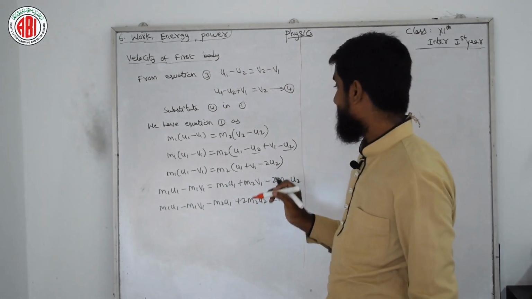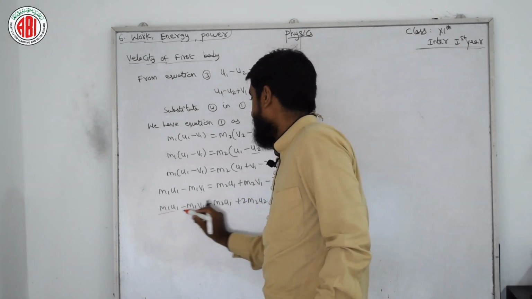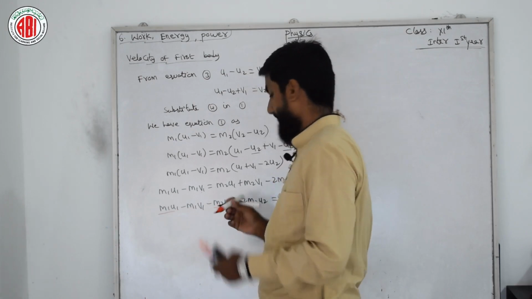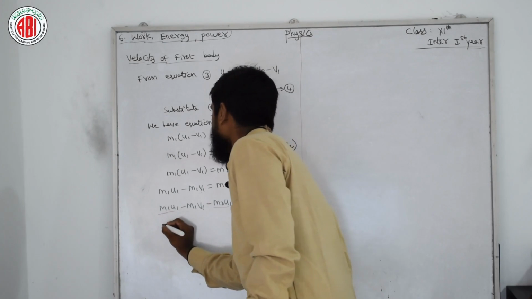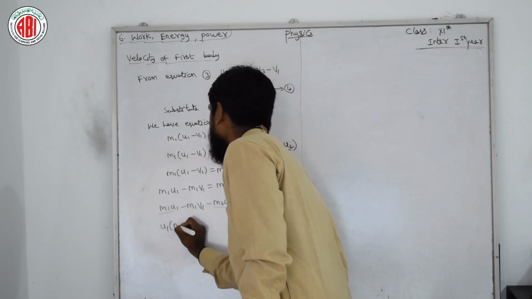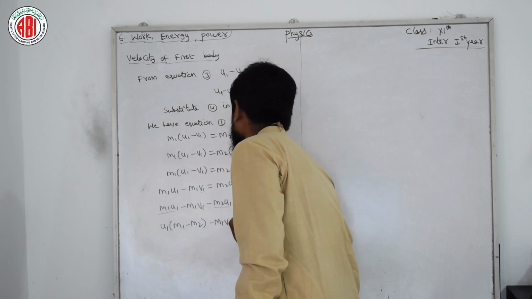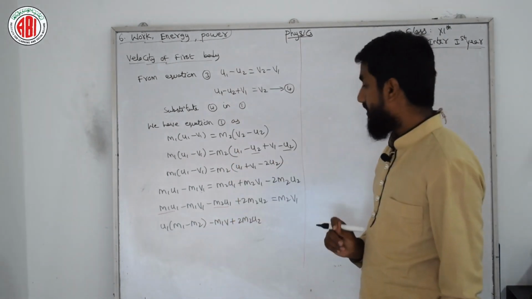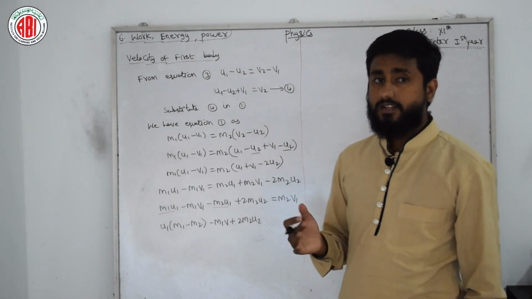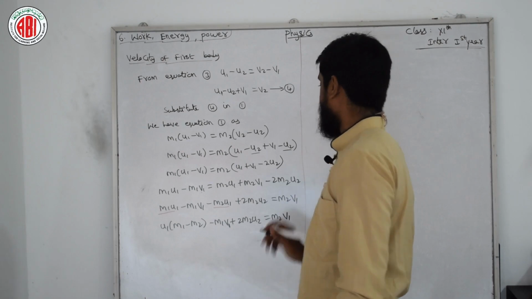Now this step is very important. I am taking u1 as common from these two terms, and what remains is m1 minus m2, minus m1 v1 plus 2m2 u2 is equal to m2 v1.